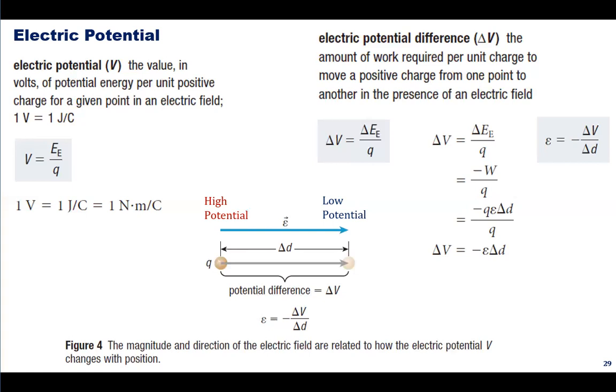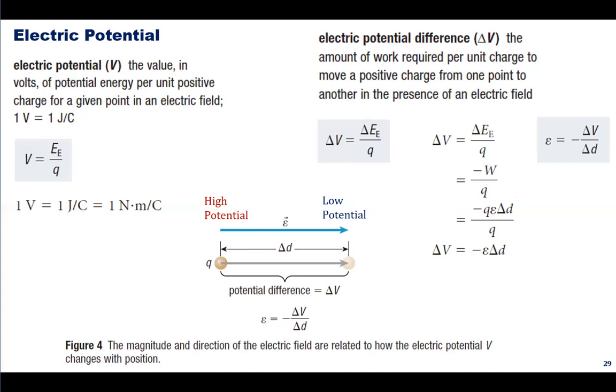So delta V should equal delta EE over Q, right? For the case of a uniform electric field, the equation for electric potential difference becomes delta V equals delta EE over Q, which is delta V equals negative epsilon times delta D.